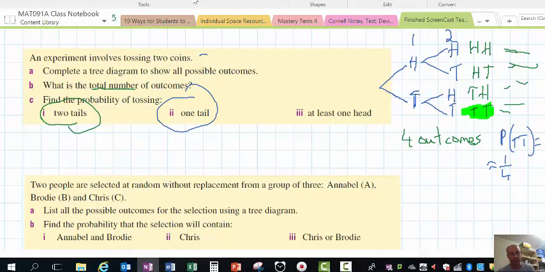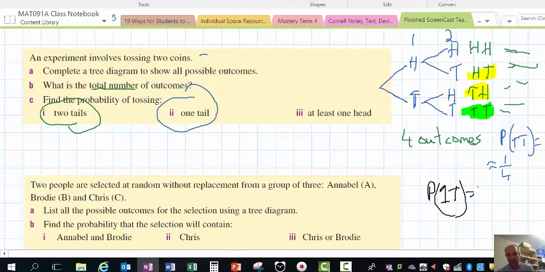Probability of 1 tail? Well, the order's not important, it just says 1 tail, it doesn't say first or second. There's 1 tail here and 1 tail there, that's 2 out of 4, so the probability of 1 tail is 2 out of 4. We can simplify that to a half.